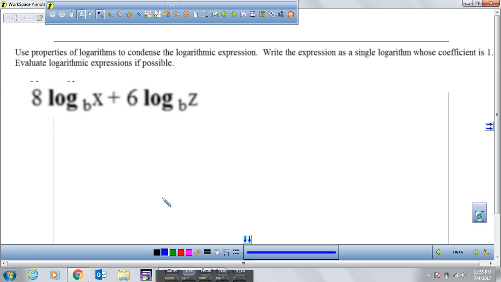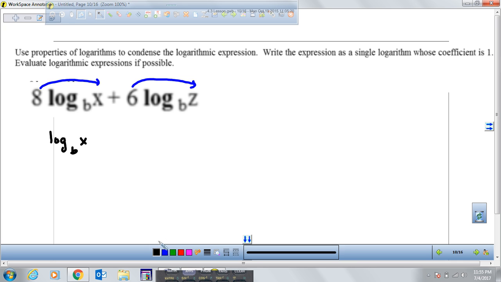Remember that those coefficients, in reality, represent powers. So we're going to move those back as exponents. That would be log base b of x raised to the 8th power, plus log base b of z to the 6th power.